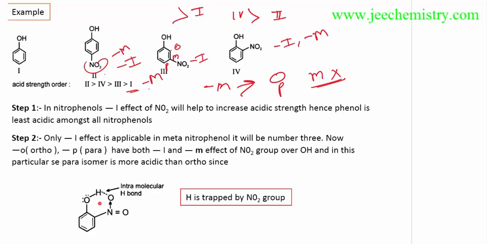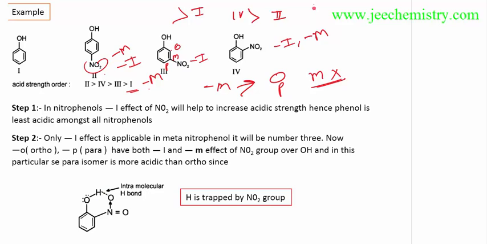In this way, this will be less acidic. The second, with the minus I effect closer, is fine, but it will work through intermolecular hydrogen bonding, which will not trap the hydrogen of this group.